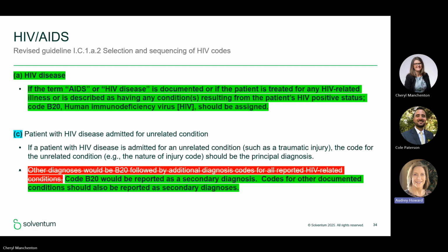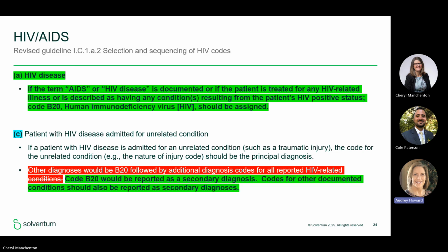The next major update for patients with HIV disease admitted with an unrelated condition states that B20 is still assigned, but as a secondary diagnosis along with the codes for the other documented conditions.